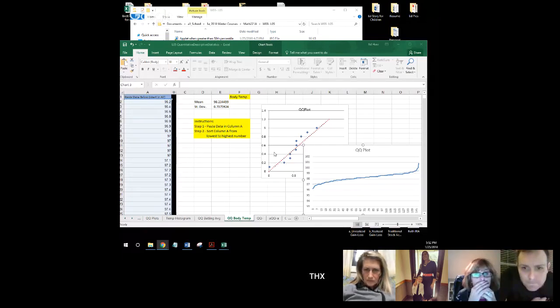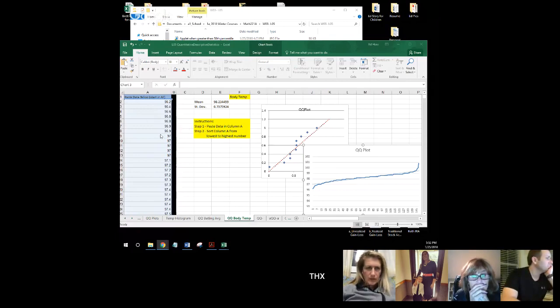This particular one is the body temperature. And we input. So how come you have two QQ plots? Well, this is the sample that's linked to the resources, and we download a blank histogram and QQ sheet.